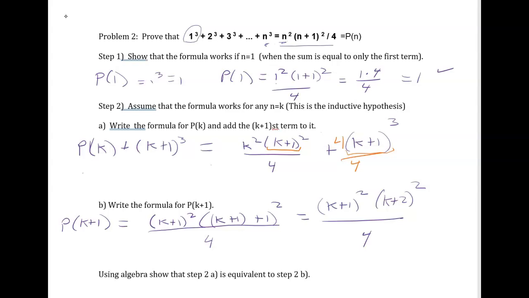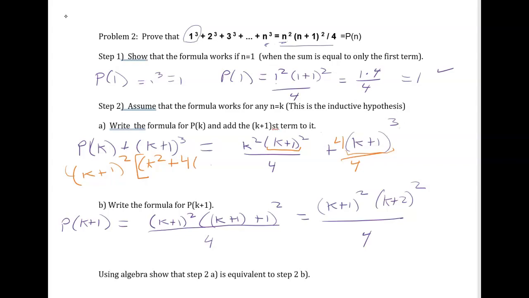So what I get, and I'll write over here, I didn't leave myself enough space really, is I'm going to factor, so this can all be written as K plus 1 squared times, and it's all over a single 4, K squared plus, if I took K plus 1 squared out of this cube, it'll leave me one of these.